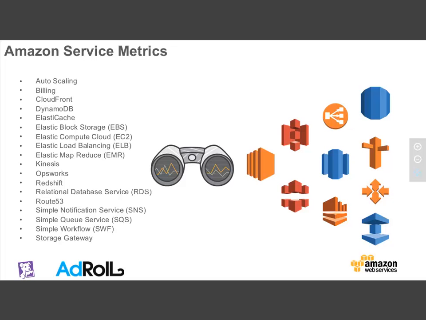Or it can track read replica lag on your MySQL RDS instances. Or it could monitor the amount of failed jobs in your Elastic MapReduce cluster. Each service has a unique list of dimensions and metrics that are particular to that specific service, so the permutations of resource monitoring are exponential.